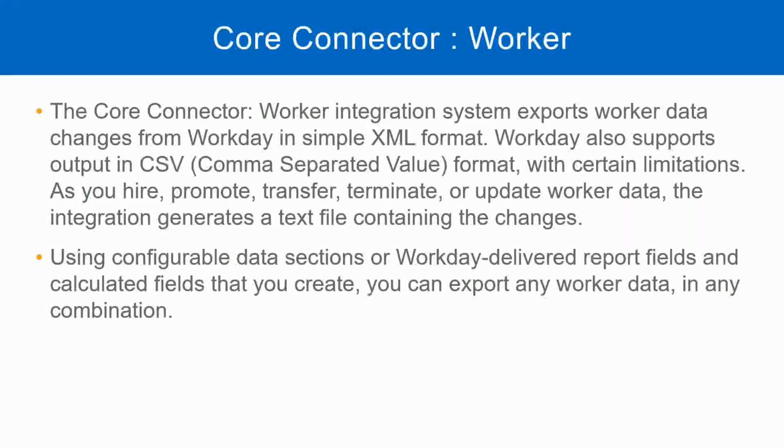But then if you want to have a daily run, or maybe every hourly, every 2 hourly, then what would you do? You will only send the changes, correct. The delta file or the change file. So that is why this core connector worker is typically very good at that. It is good at detecting the changes that have been made to the worker information.